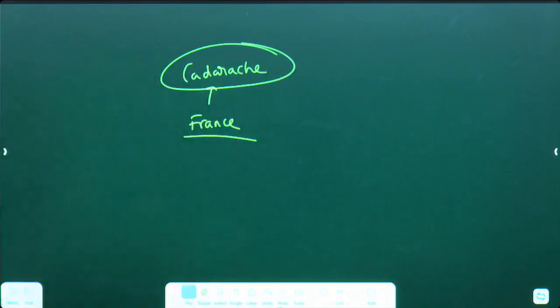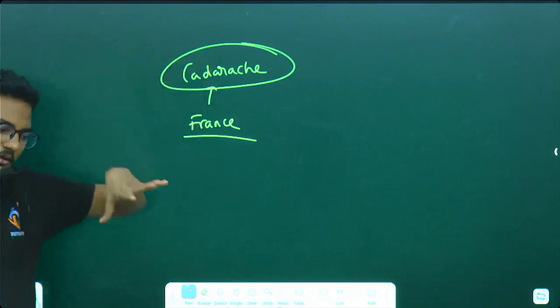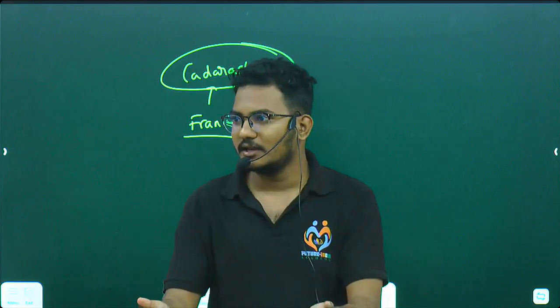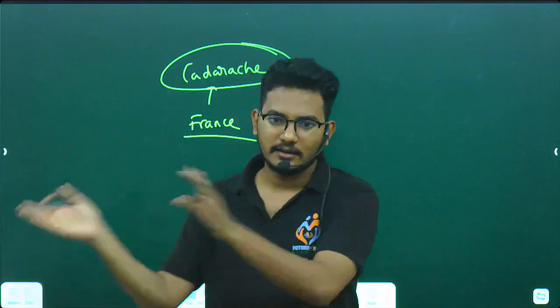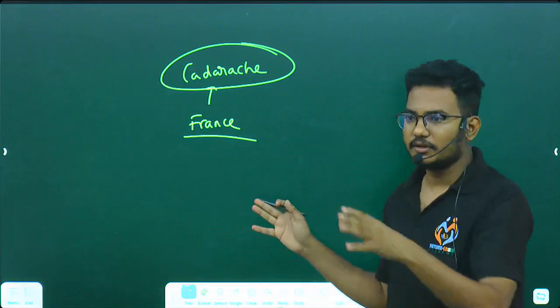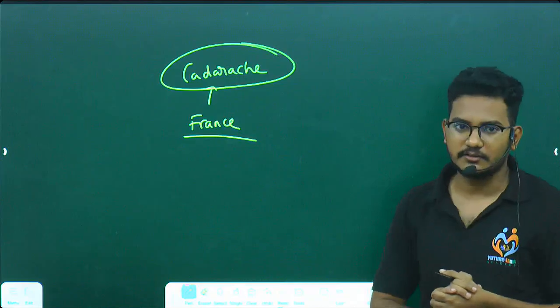France is not part of this deal, but still people will gather there. Already they have manufactured all the products individually in their countries. Now all the products will get to Cadarache, France, and then they will simply form the nuclear reactor over there. This is the plan.